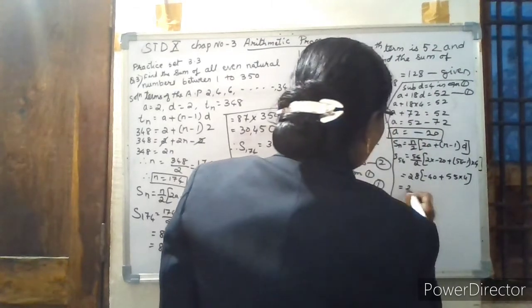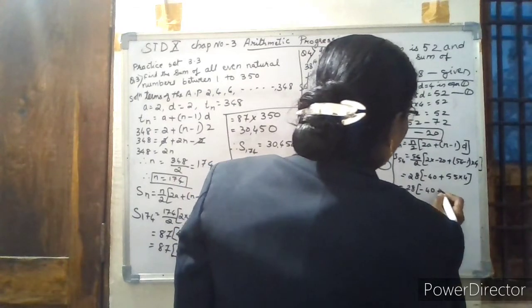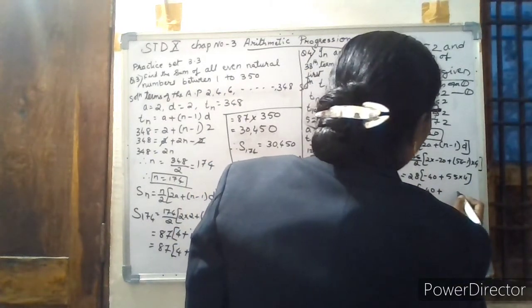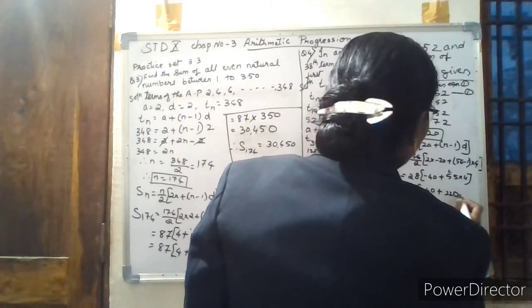So this is equal to 28 in the bracket, 2 times 20 is minus 40, plus here 55 into 4, which is 220.